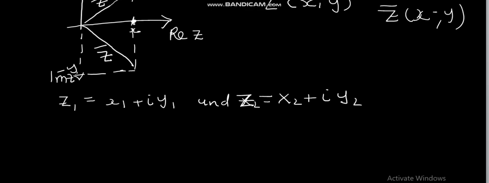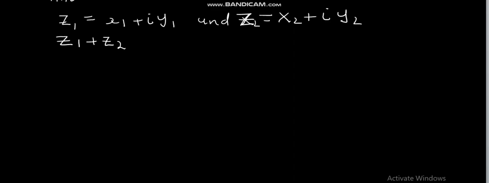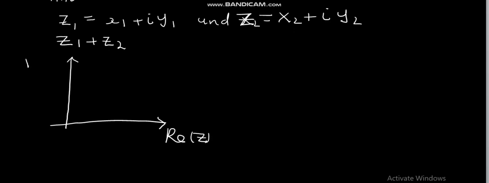Now we need to add Z1 plus Z2. Is that okay? And we are going to illustrate it on the Argand diagram, which is our complex plane. We shall have our axes as usual: this is the real of Z, and this is the Im of Z.